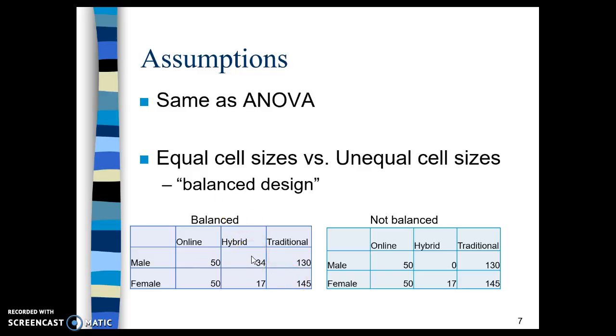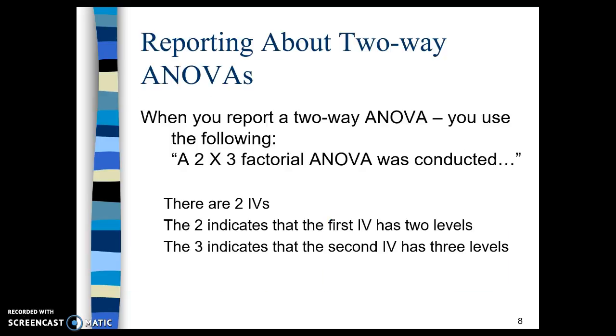I would recommend at least 30 in each group, but we can have really unequal groups here and still be balanced. A design that is not balanced would be here, because I don't have any males that took a hybrid class. That's a big problem in Factorial ANOVA.